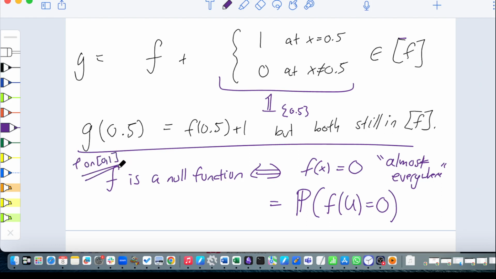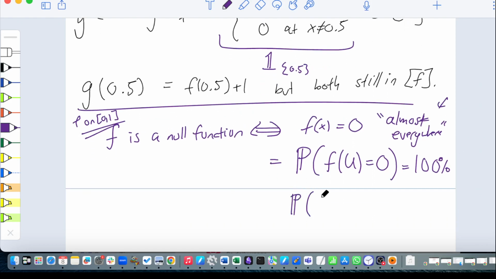So the null functions are 0 almost everywhere, in the sense that the probability that f of u is not equal to 0 is 0%. It's not literally everywhere, but it's almost everywhere.